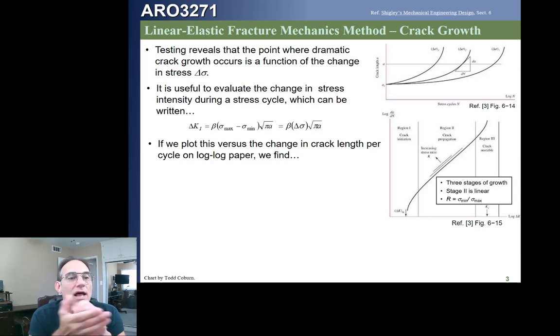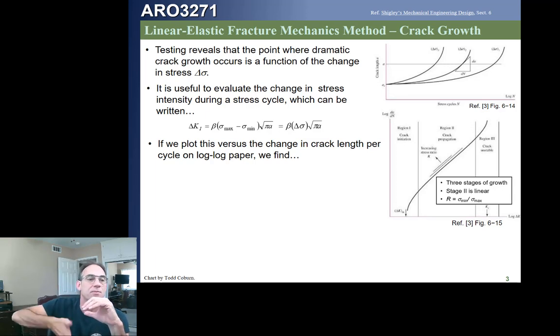We then can plot. And if we plot this on a regular curve, it doesn't show a great trend. But if we plot it on a log curve, so we take the change in length of the crack divided by the number of cycles, and plot that against the change in stress intensity, on this log-log curve we're going to find a relationship like this.